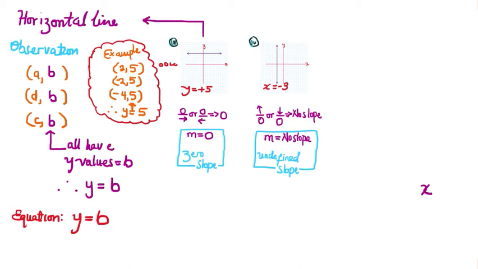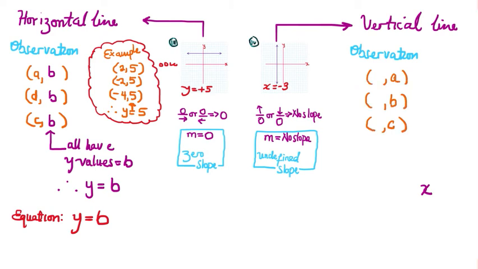Now, what do you think undefined slope, which is a vertical line, looks like by observation? Now, you should guess it right. Yes, if I have all the y values changing by observation, looking at the table, your x values will remain the same.